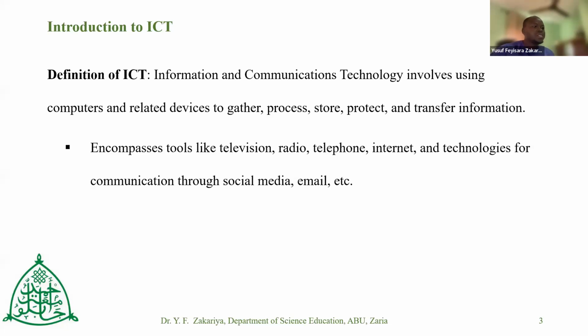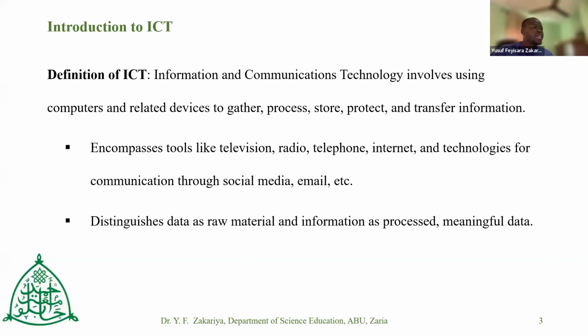It encompasses tools like television, radio, telephone, internet, and other technologies for communication, even social media and the likes. We also distinguished between data and information. In our last class, we mentioned that data is nothing but raw material that has not been processed. When it is processed, then it becomes information.